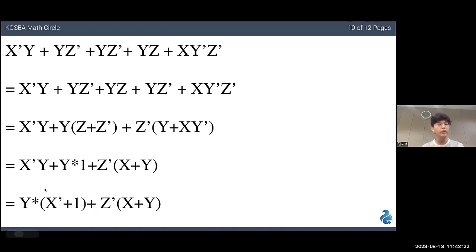It can be simplified into (not X and Y) or (Y and 1) or (not Z and (X or Y)), in which the first and the second term can be factored into Y and parentheses (not X or 1).